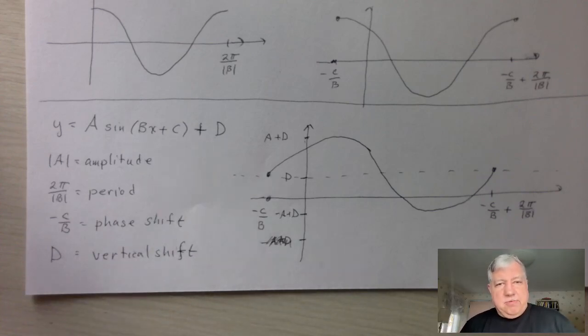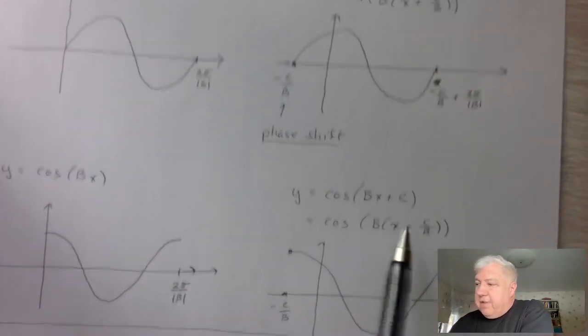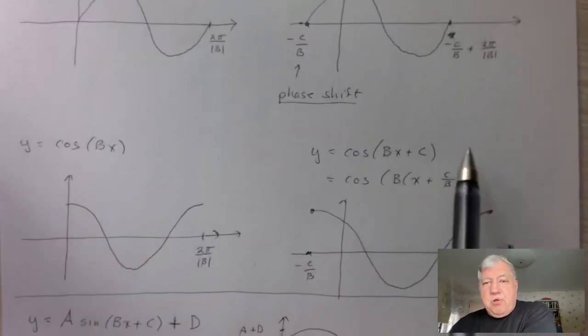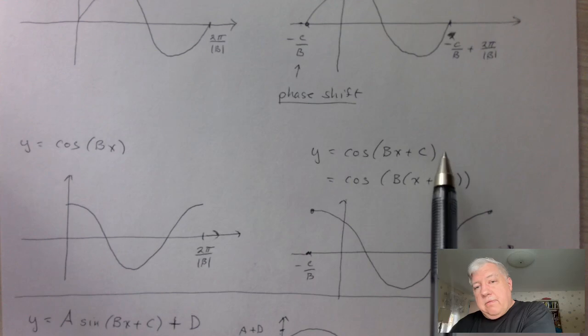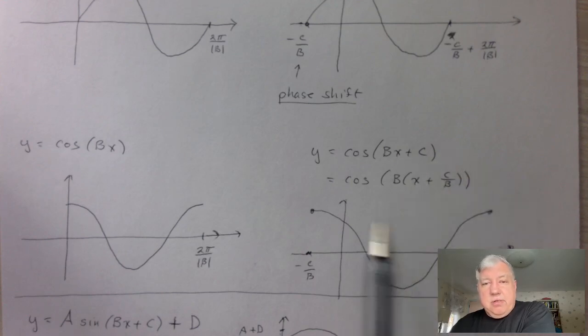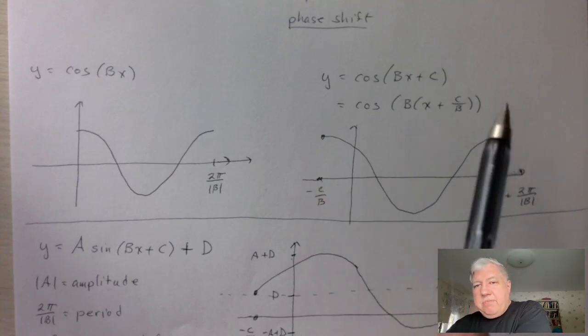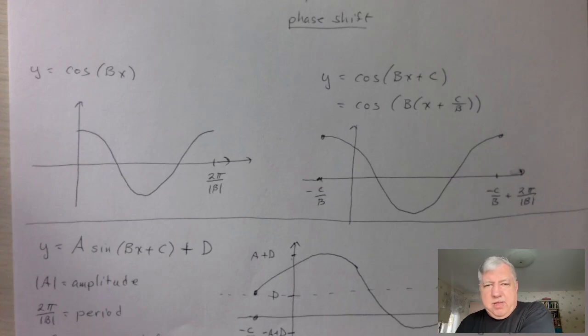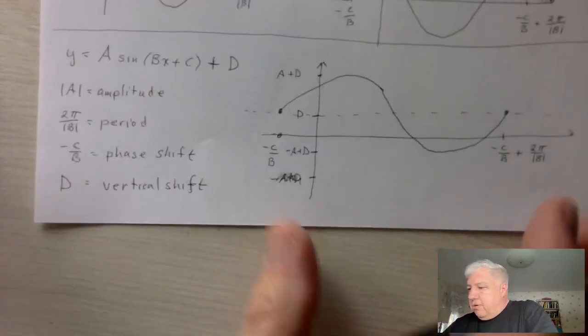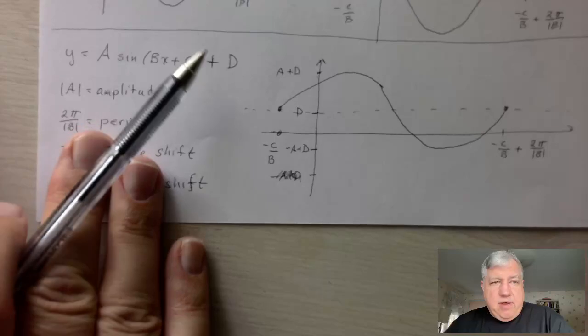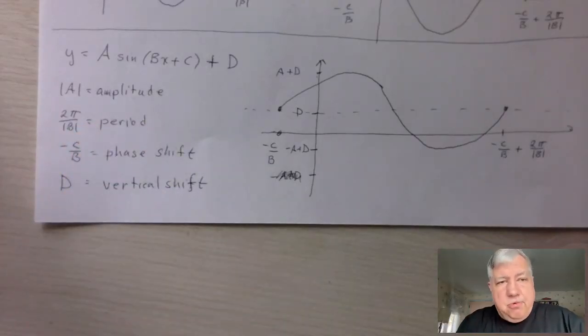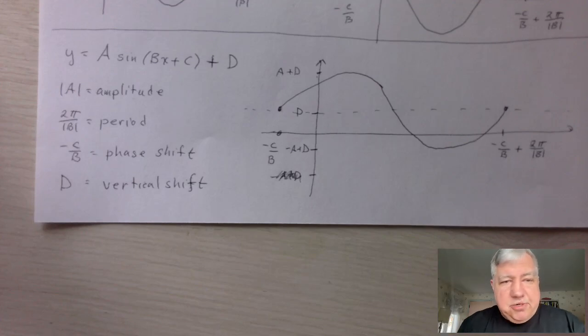In all of the earlier graphs there was no d; we had a plus 0 here, so that's why the graph was centered on the x-axis. But if you put a plus d here, then you're either going to be shifting it up or down. So the absolute value of a is the amplitude, 2 pi over the absolute value of b is always the period, minus c over b is the phase shift, and d is the vertical shift.